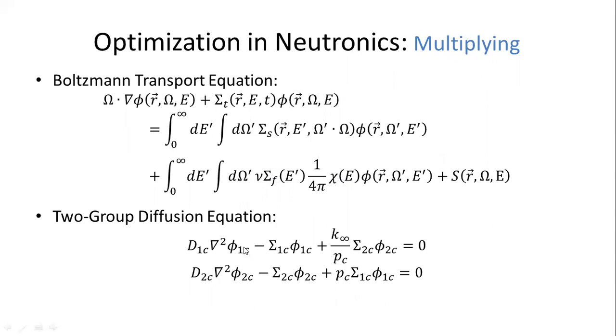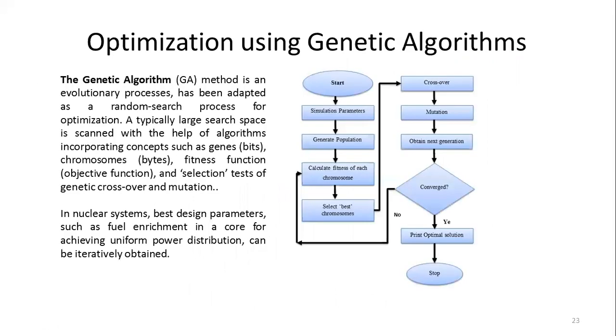Again, as previously, the 2-group diffusion equation over here is simpler to use for academic purposes, for preliminary optimization analysis. It's a very useful equation.